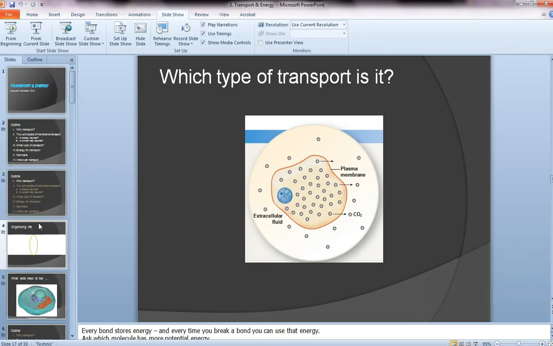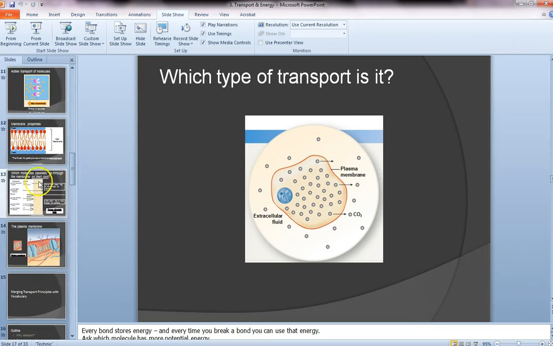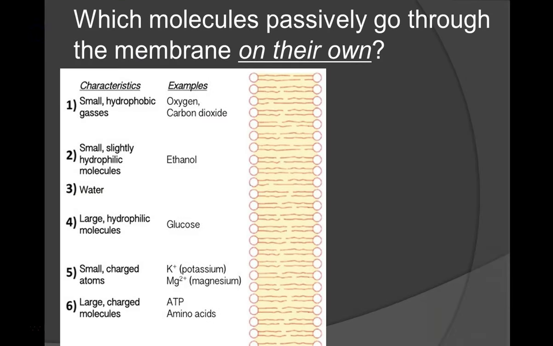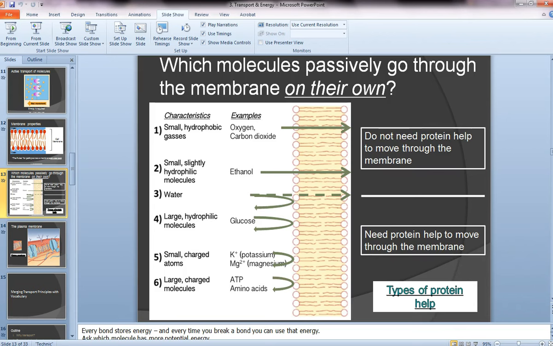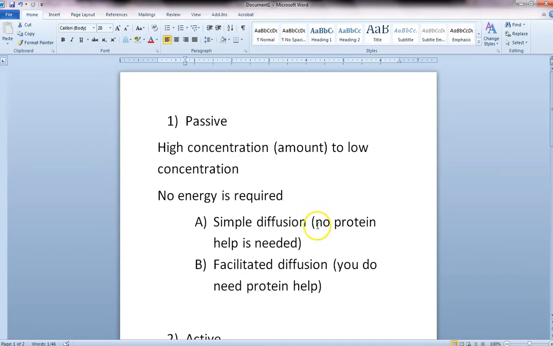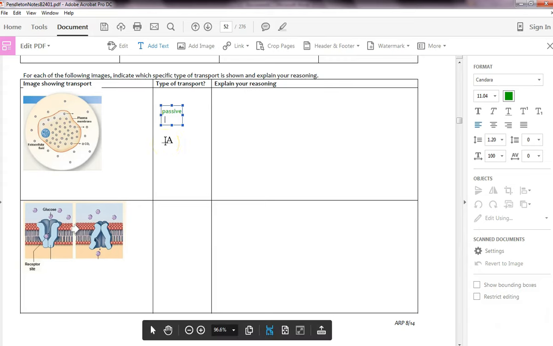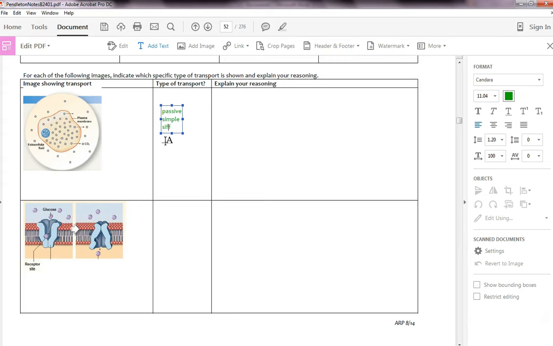And if we go back here, we already learned this is one of our examples. Carbon dioxide is small, it's hydrophobic, and it does not need protein help. We look at our definition: no protein help needed, so simple diffusion. So we come here and we say it's passive, and specifically simple diffusion.